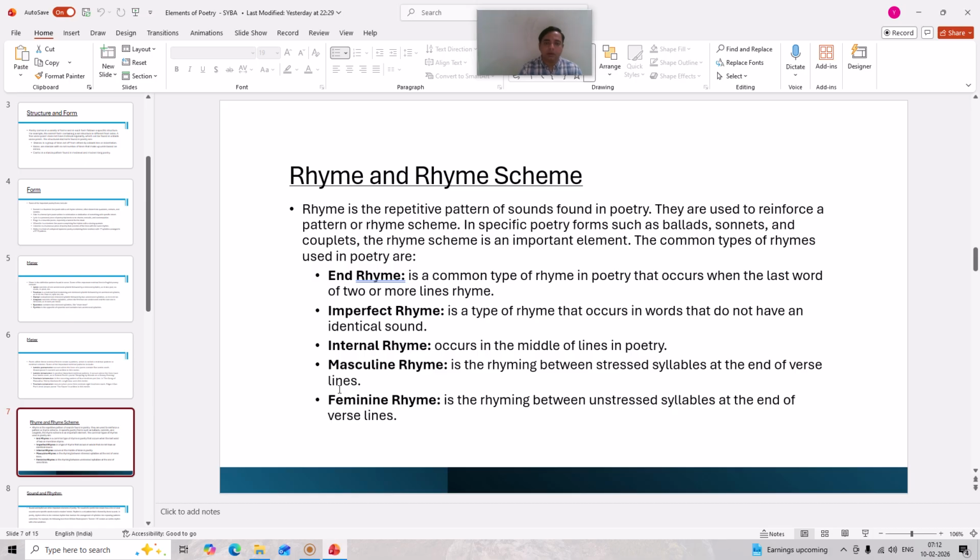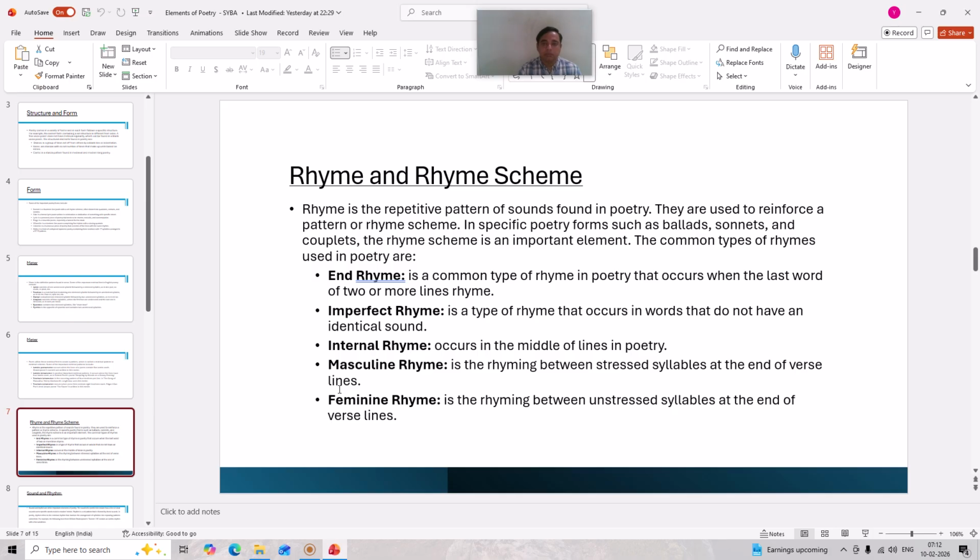Rhyme and rhyme scheme are repetitive patterns of sound that are found in poetry. They also make us understand what could be the tone and mood of a poem.